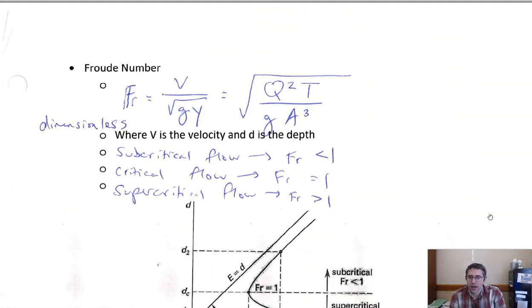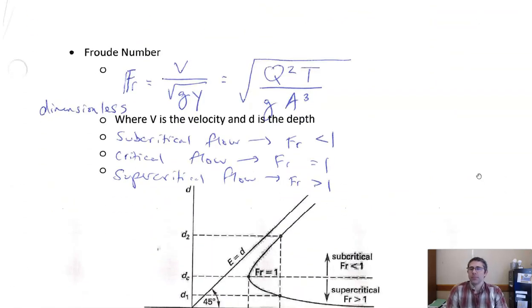Okay, now we're going to talk about the Froude number. The Froude number is a dimensionless number like the Reynolds number, and it's defined as the velocity divided by the square root of gy.